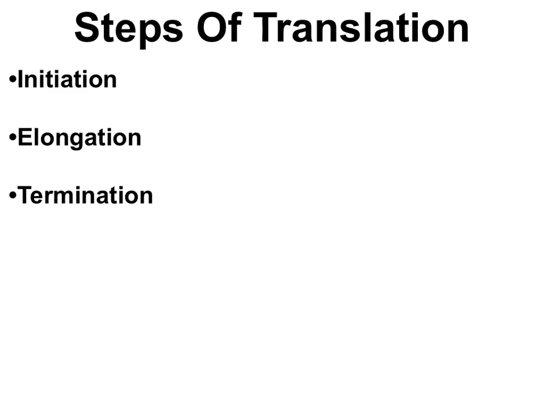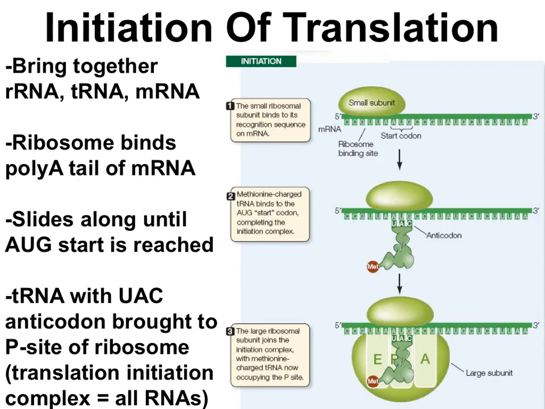Just like transcription, translation can be broken down into 3 phases: initiation, elongation, and termination. In initiation, it's a matter of bringing together all of the RNA types. The ribosome will bind to the poly A tail of the mRNA and then slide along the mRNA sequence until the ribosome reaches the start codon.